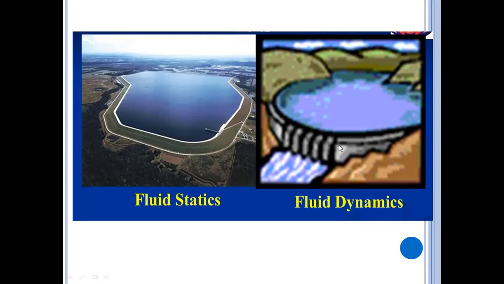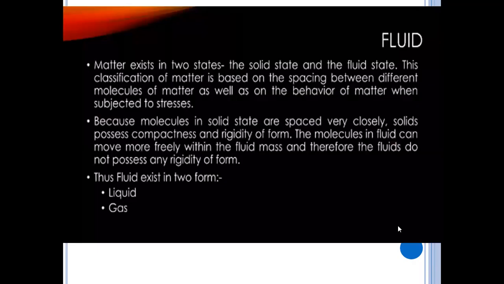Whereas in the second picture, when the same water from the catchment area is allowed to flow, the fluid is in motion. From the catchment area, the water is distributed to the nearby irrigation area or agricultural land. So this we call fluid dynamics. This is a very good example for both fluid statics and fluid dynamics.